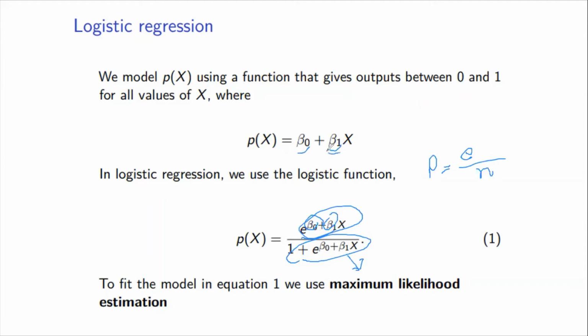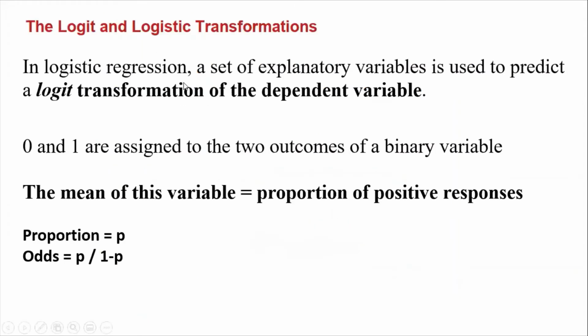For linear regression, what do we use? We use the least square regression method. Do you remember? The least square error method. This least square error method is also a special case of the maximum likelihood method; they are just an upgraded version of the linear least square method. Anyway, so what is logistic regression?